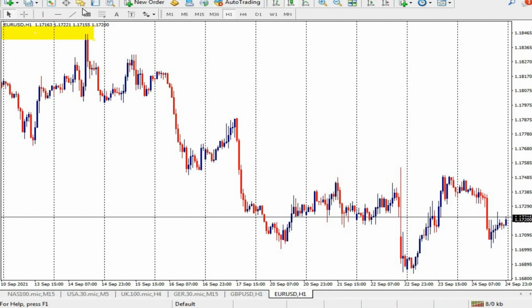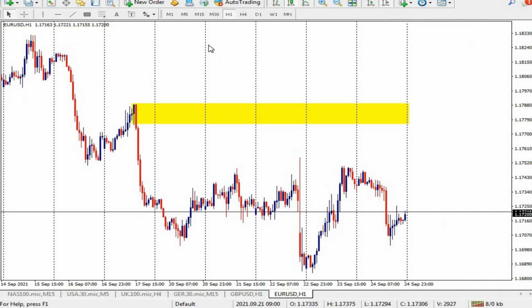Here is our bearish candlestick, which is not even tested. We'll see if the price comes back to that zone, and you can see at this zone we had this huge candlestick.